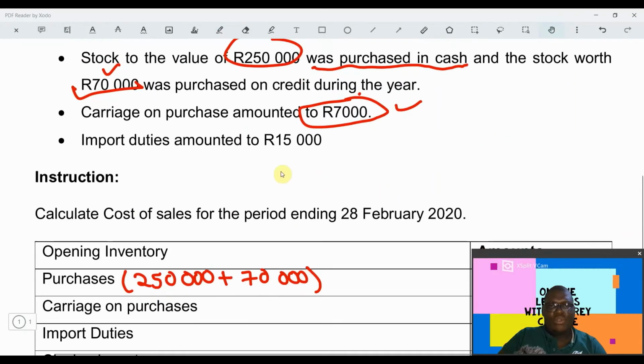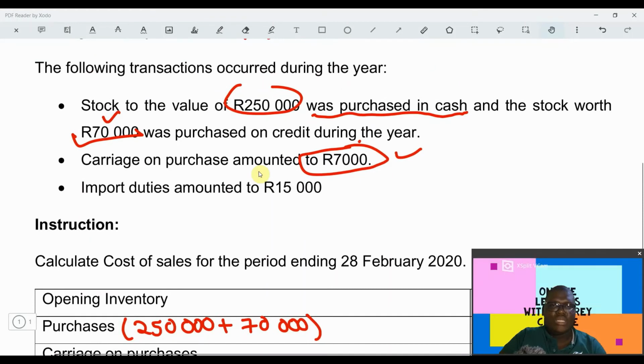And then from there we also have import duties. Import duties are charged when you buy or when you import goods. When you're buying goods from overseas, you'll be charged import duties or customs duties. Remember, you are bringing goods from a foreign country into the country that we are in.